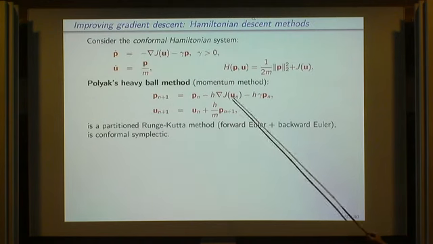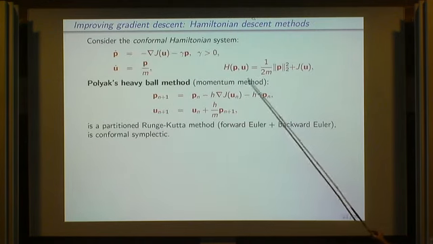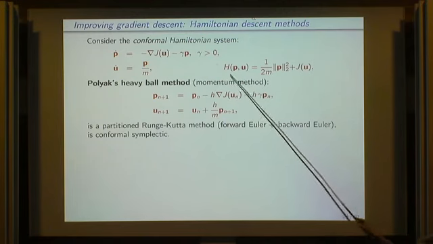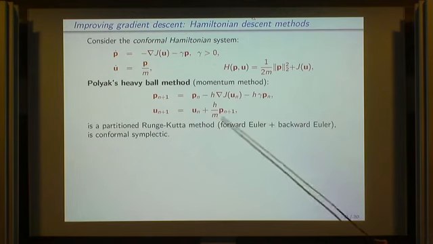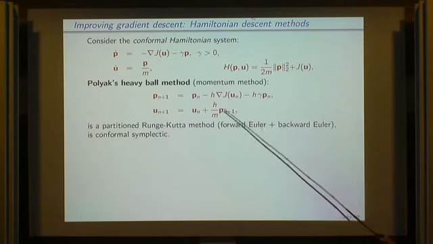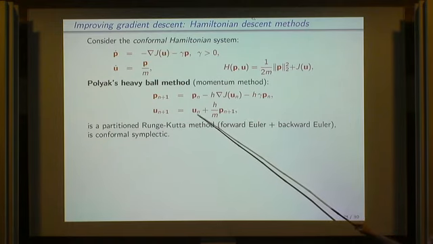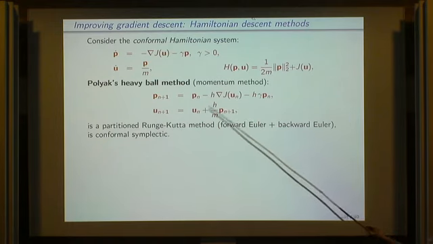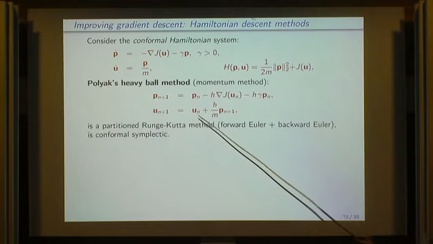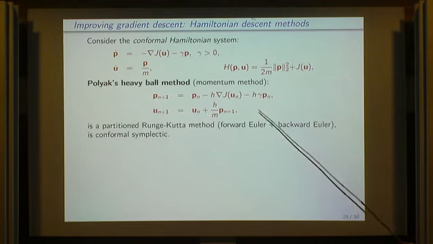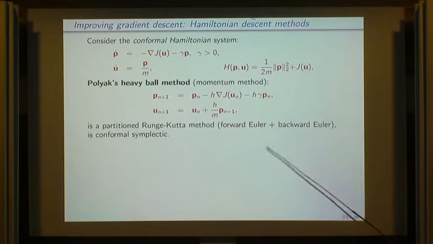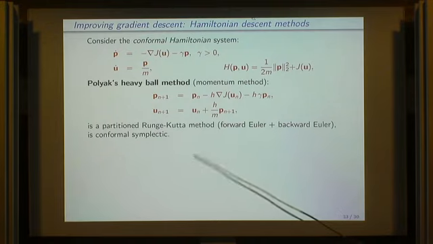Okay, so back to this system, a very popular method for optimization is this Polyak heavy ball method, which is a simple integration with forward Euler for the first equation and backward Euler for the second equation. It's a partitioned Runge-Kutta method for this, and you can prove that it's conformal symplectic.